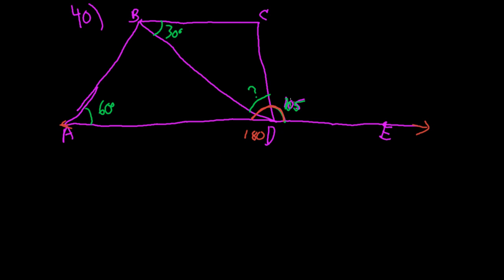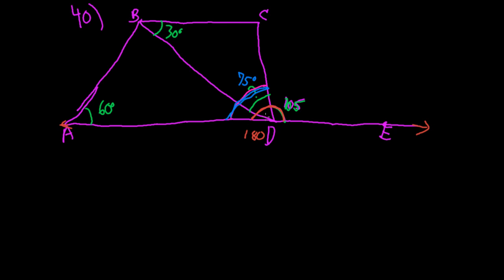Because this whole thing is 180 and this is 105, this right here will be 180 degrees minus 105 degrees. So this whole angle in blue right here will be 75 degrees.